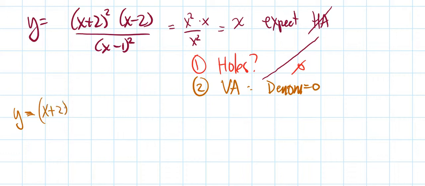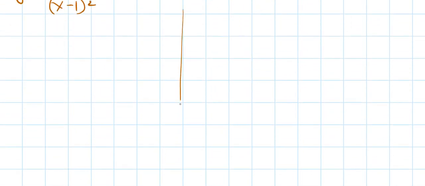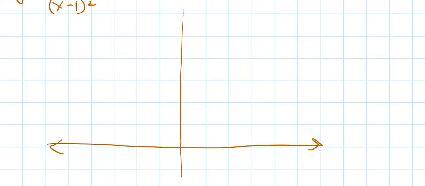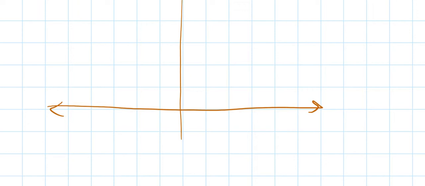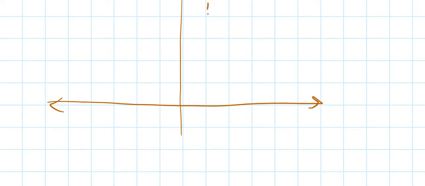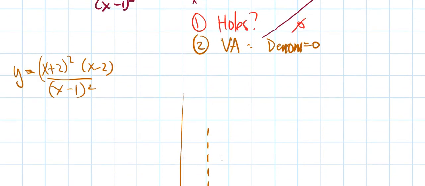All right, so I can drop it off screen. Okay, so I'll just draw some sort of set of axes. When x is equal to 1, we have our vertical asymptote. Okay.